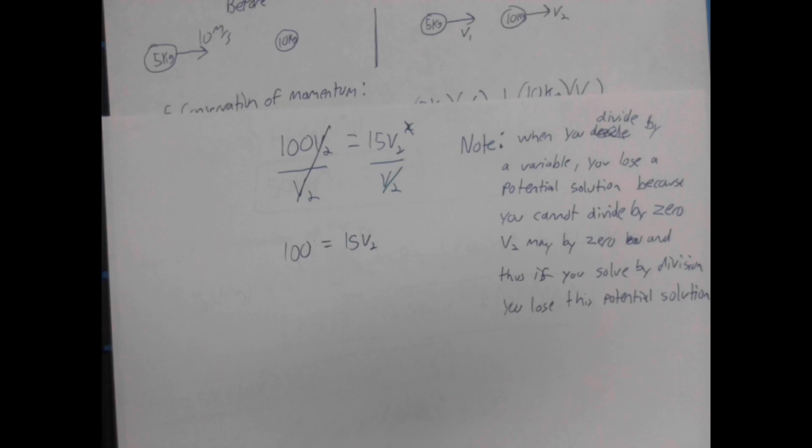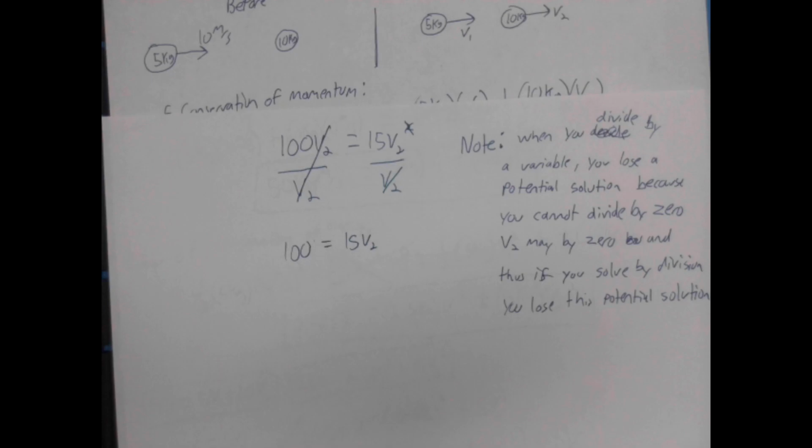We can solve for the other velocity by plugging this into this original equation. We know that V1 is equal to 10 minus 2V2. So we can plug this back into the original equation. It doesn't matter which equation we plug it into to solve.